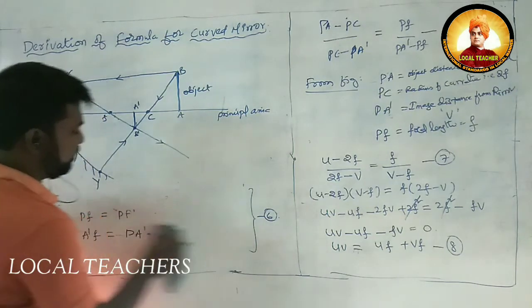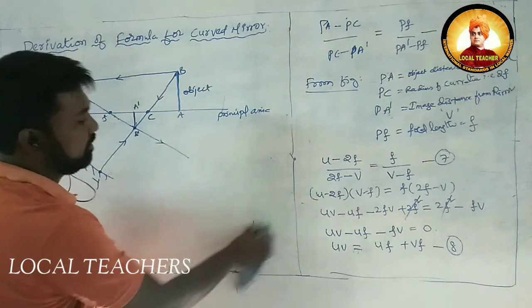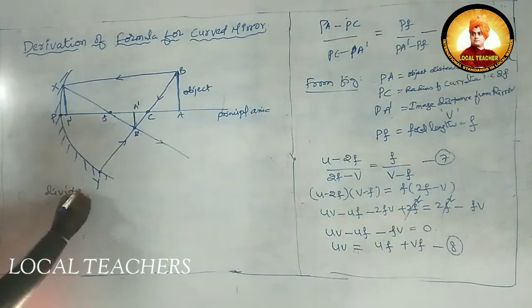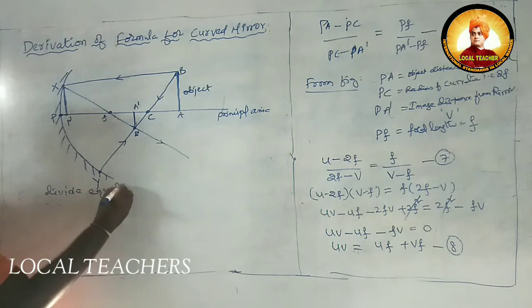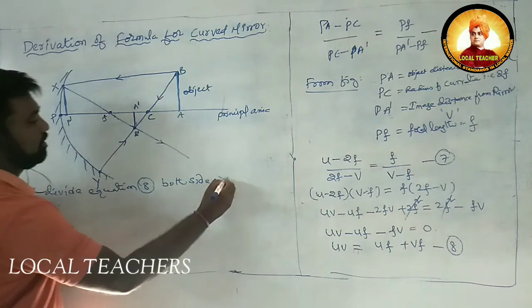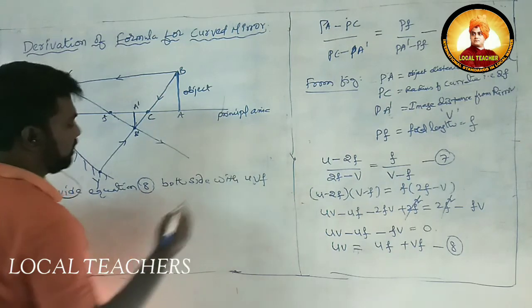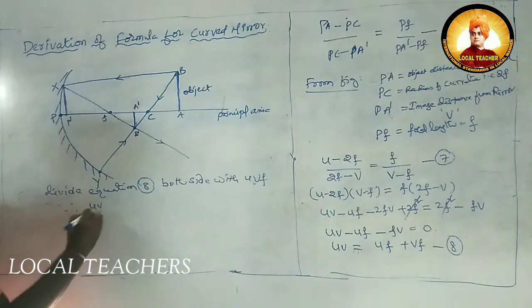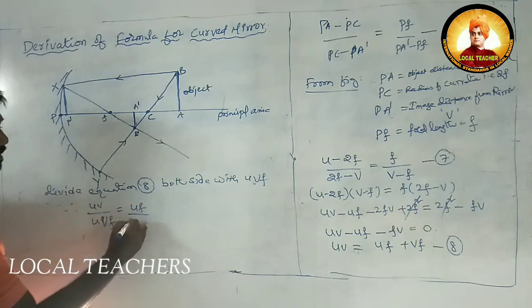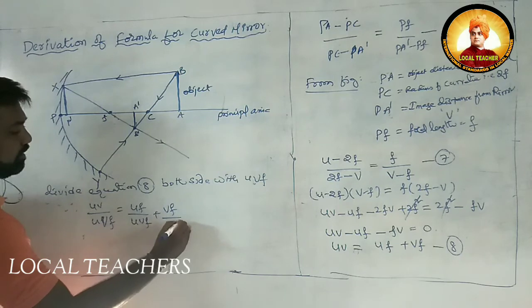Divide equation 8 both sides with uvf. Therefore we can write uv by uvf equals uf by uvf plus vf by uvf.